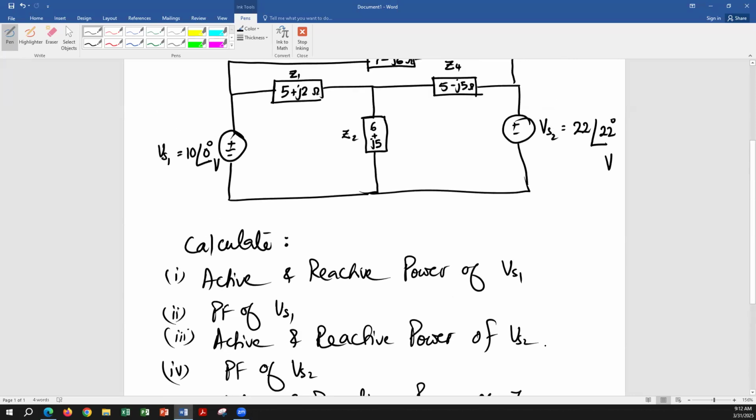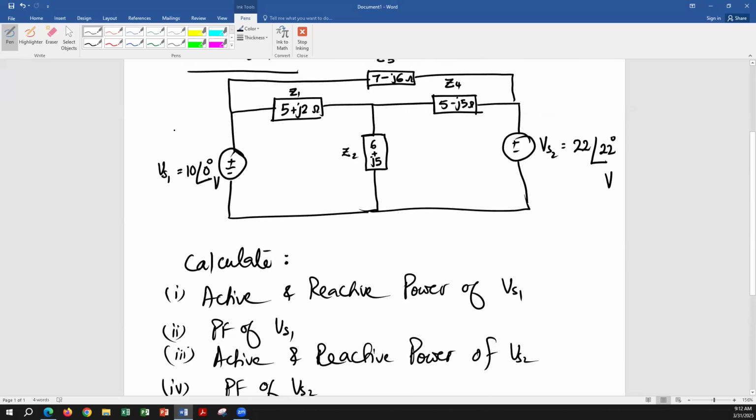So we have to calculate 5 things. Active and reactive power of Vs1, power factor of Vs1, active and reactive power of Vs2, power factor of Vs2, and this impedance, which is in the common branch between loops 1 and 2.